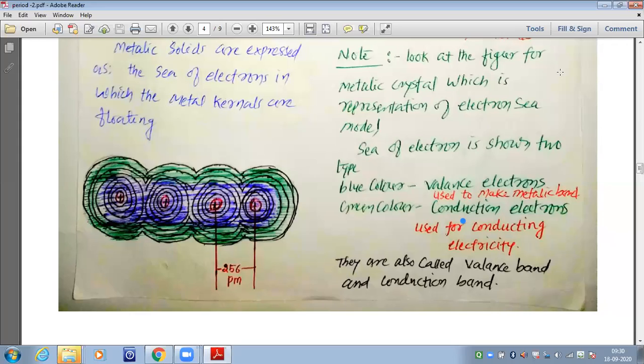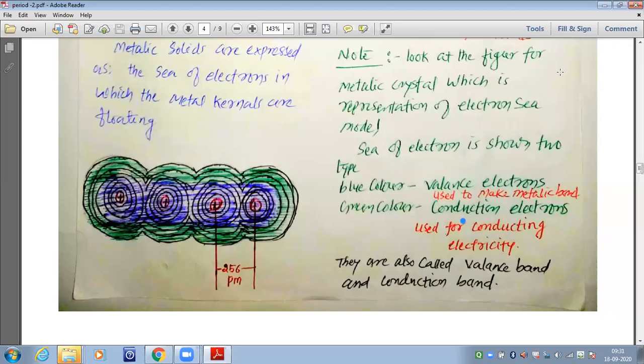These electrons present in the green region are known as the conducting electrons, or in future you will study that they are also called the conduction band. Whereas these blue colored electrons are known as the valence electrons.